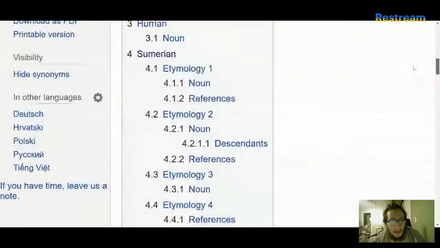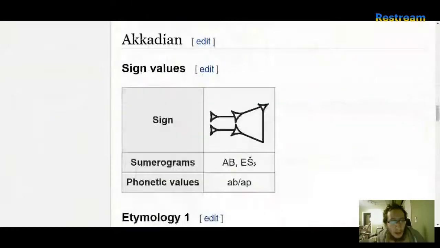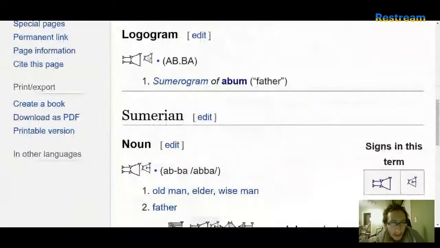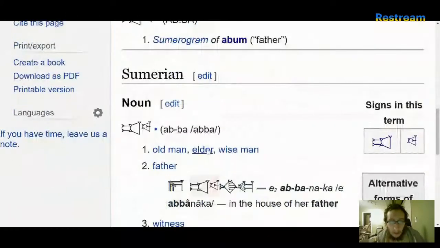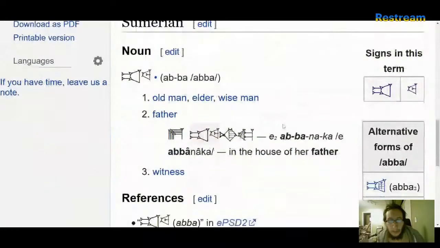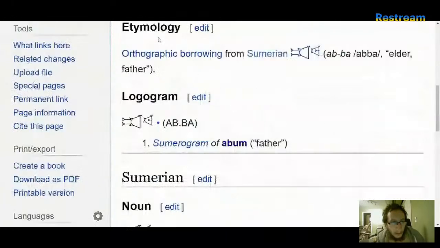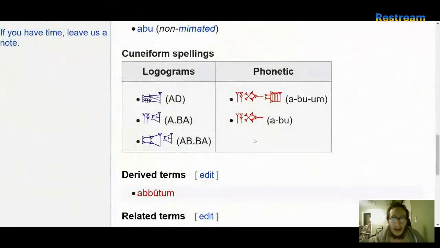But it uses the Sumerian meaning. The Sumerian meaning is like old man or elder. And it could also mean father. So you can see it's complex.